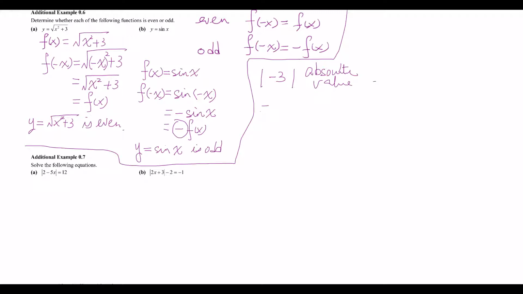Okay, absolute value means we always have positive. Therefore the absolute value of minus 3 is 3. The absolute value of 5 is 5. The absolute value of minus 1.2 is 1.2. Now, what's the purpose of having absolute value?